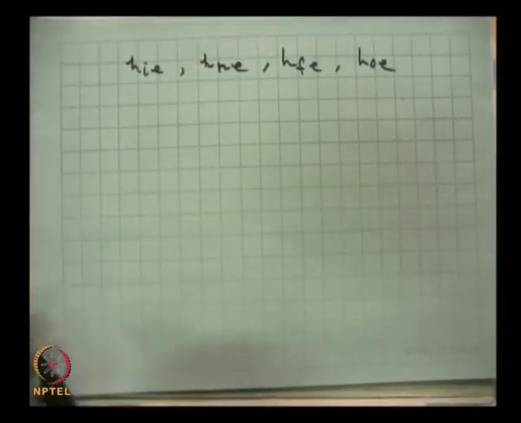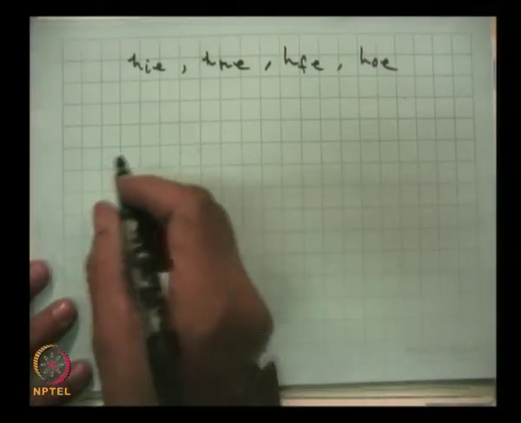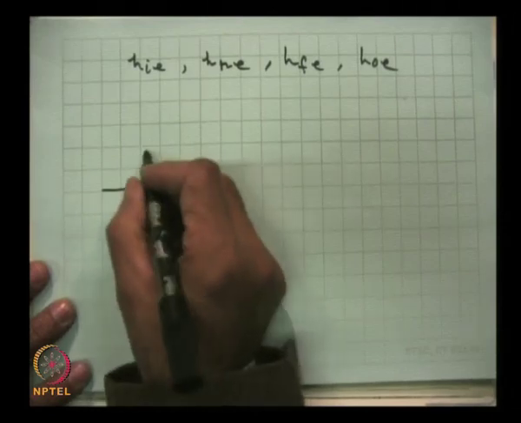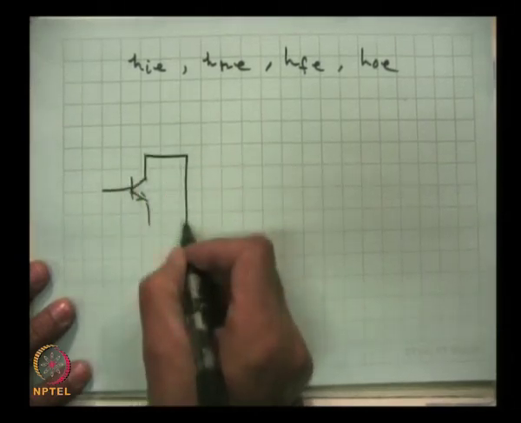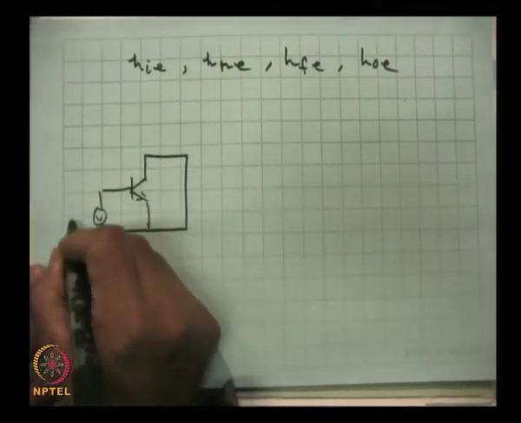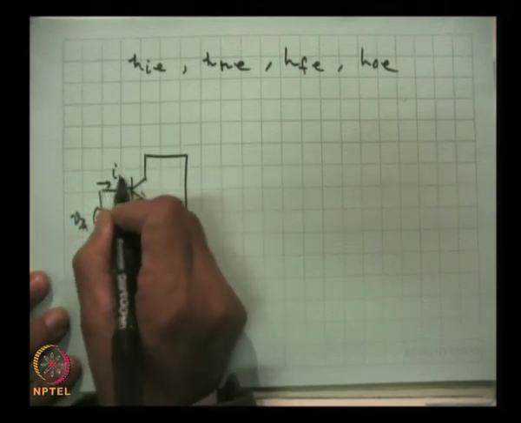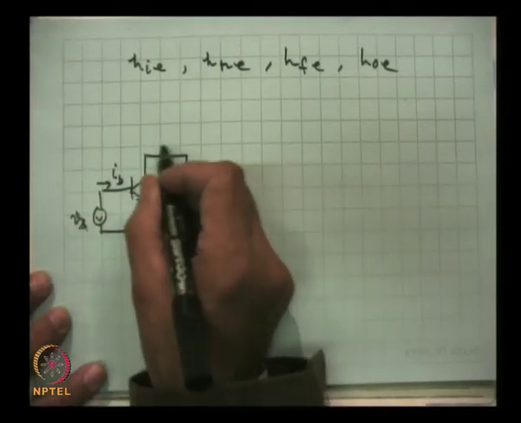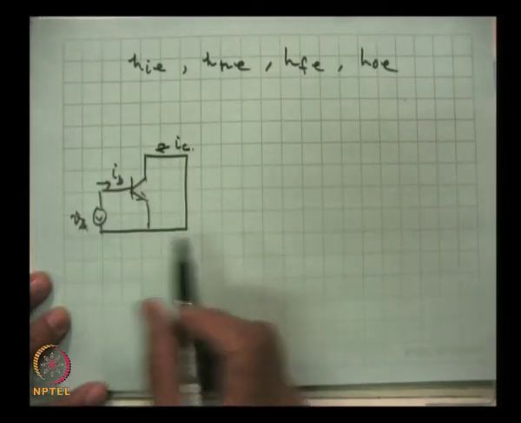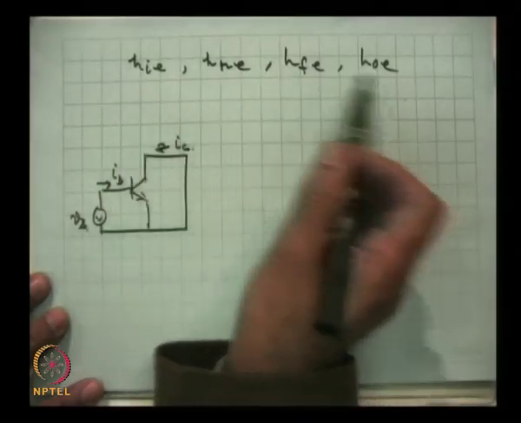So, for a common emitter, like here in the circuit, this is a signal we will apply, we will measure I_B and this will give you I_C. This is a simplified circuit, just a transistor connected in common emitter, and then these are the parameters.